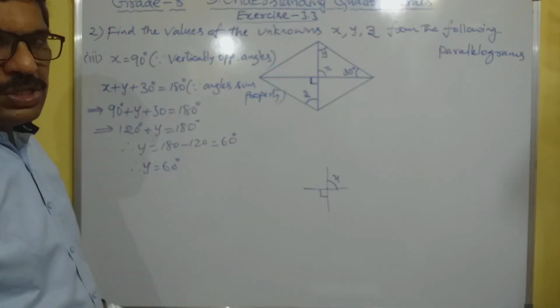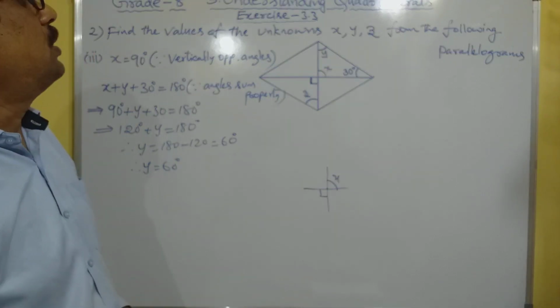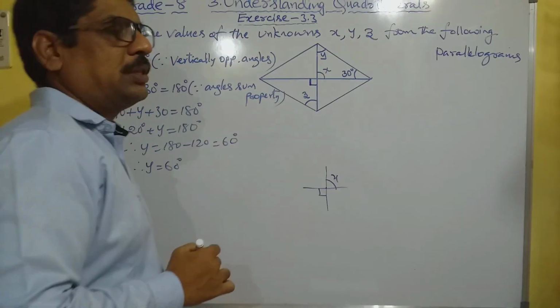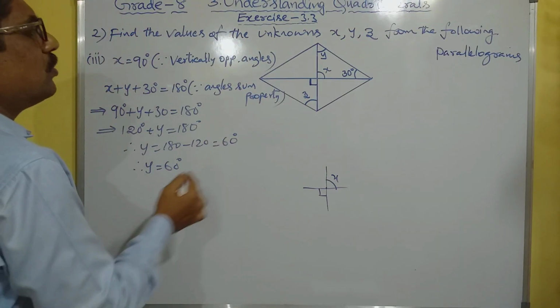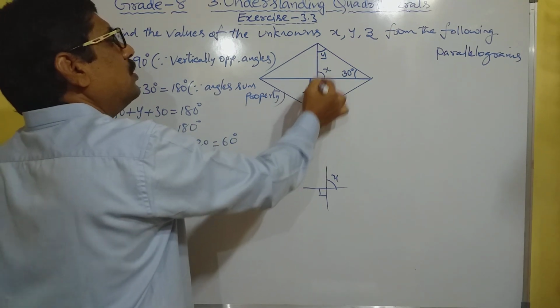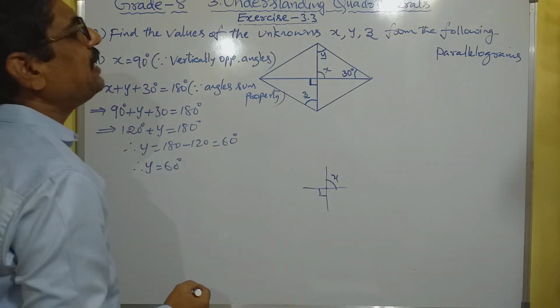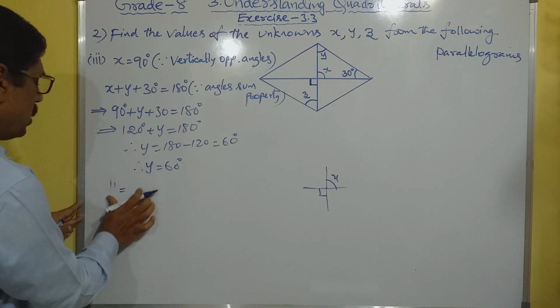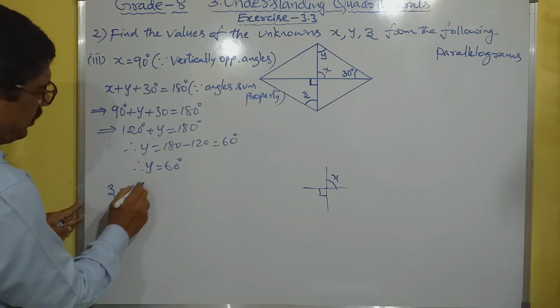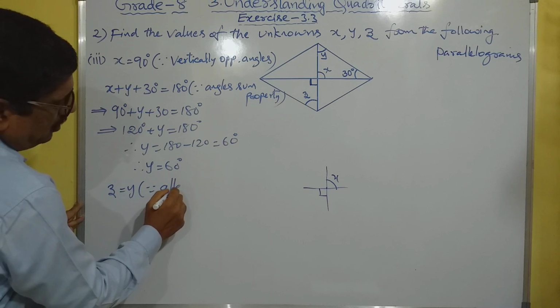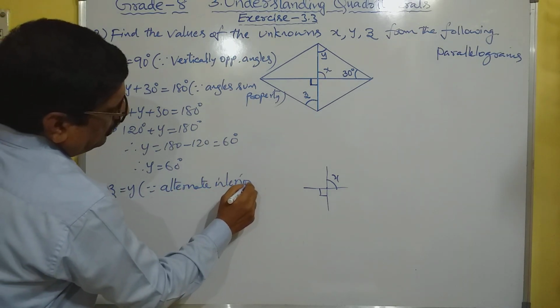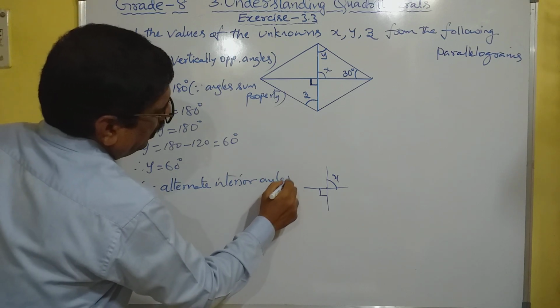Now we need to find the z value. Now look at this. Here, y and z, as per this line, these two are alternate interior angles. So z is equal to y since alternate interior angles.